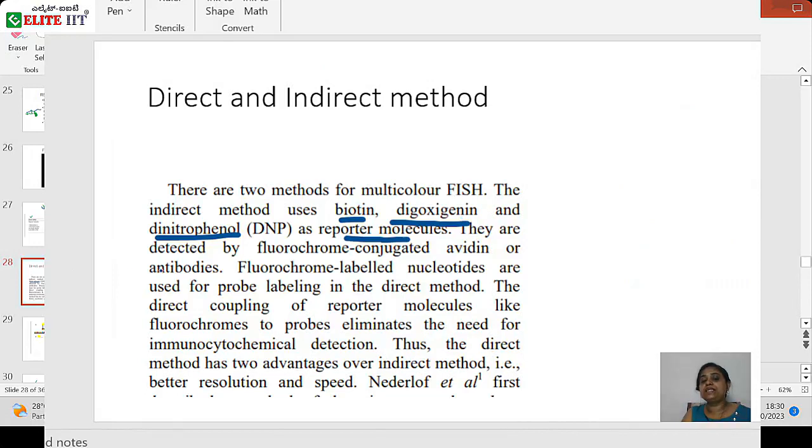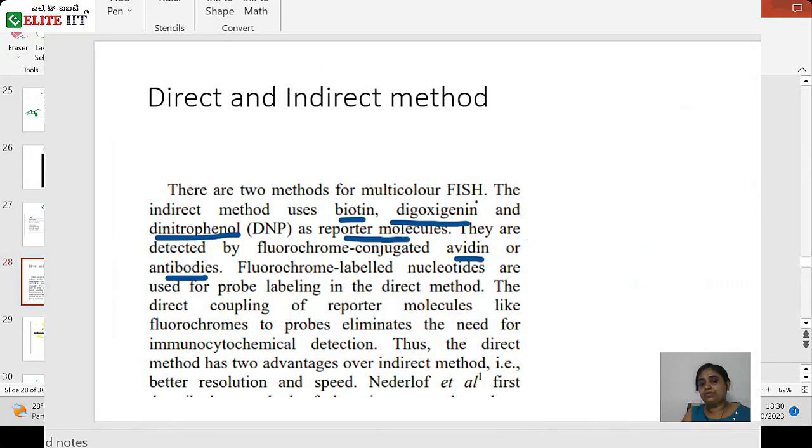Now they are detected by fluorochrome-conjugated avidin or antibodies. The antibodies will be against digoxigenin, which is like a protein antigen, so there will be an anti-digoxigenin antibody.